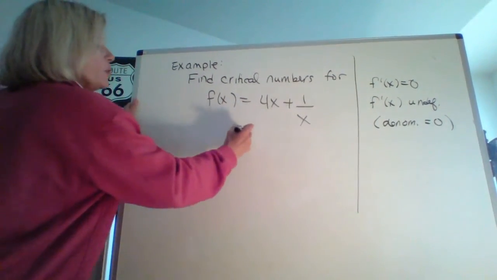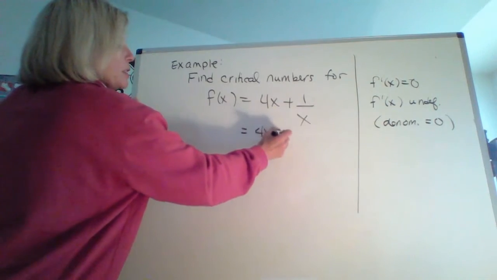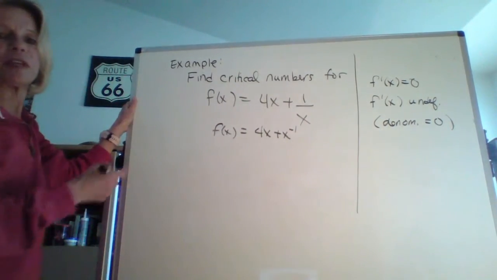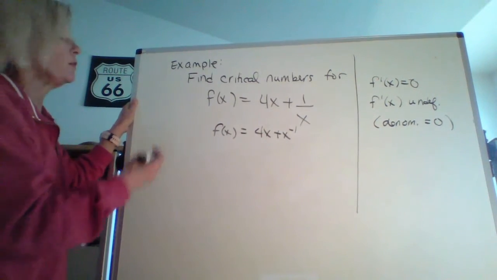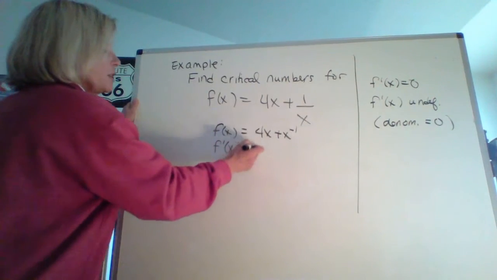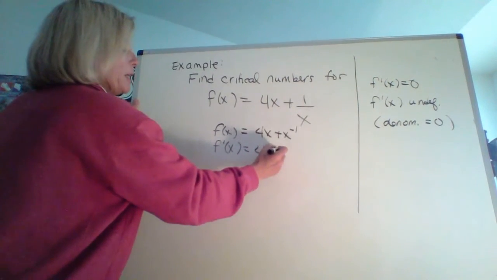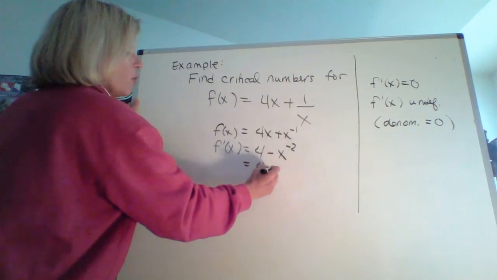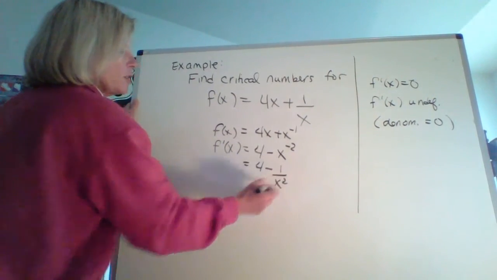So I'm going to rewrite this as 4x plus x to the negative 1. I have not taken the derivative yet, so it's still just f of x. Now I can take the derivative: f prime of x equals 4 minus x to the negative 2, which is 4 minus 1 over x squared.